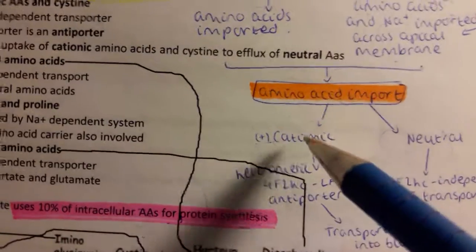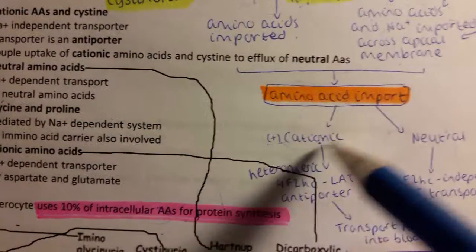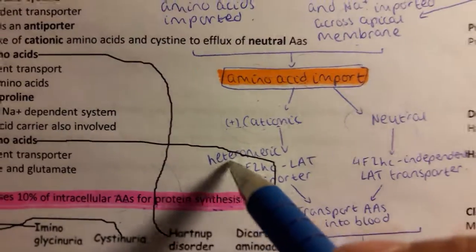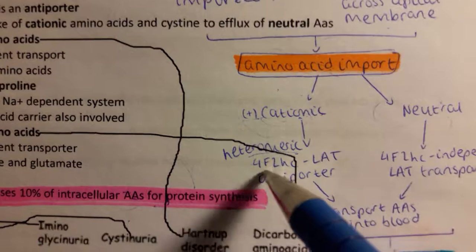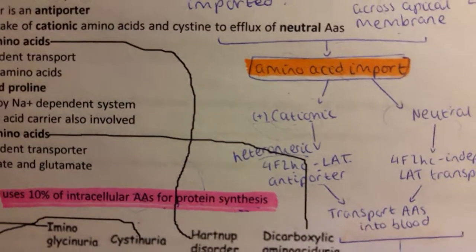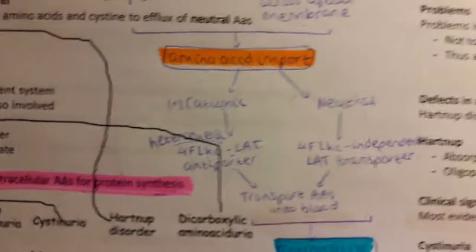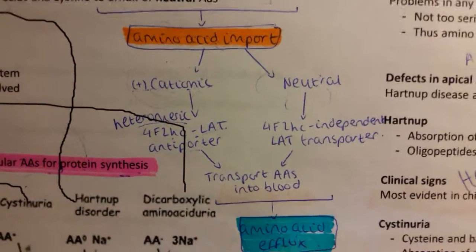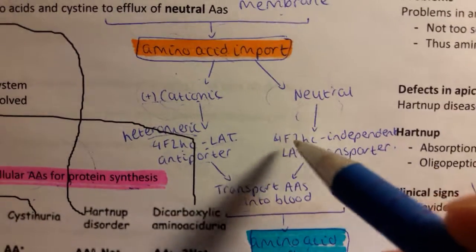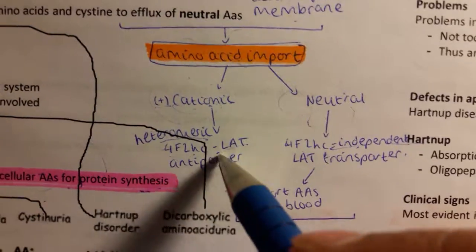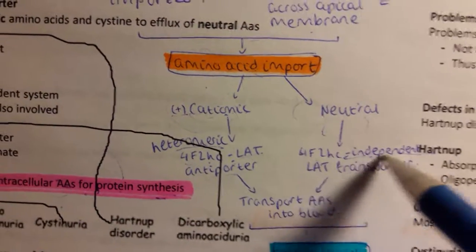Now the cationic amino acids, which have been imported into the enterocyte, are effluxed through a heteromeric 4F2hc-LAT antiporter. Whereas the neutral amino acids are effluxed through a 4F2hc-independent LAT transporter. So this is 4F2hc, whereas this is 4F2hc independent.